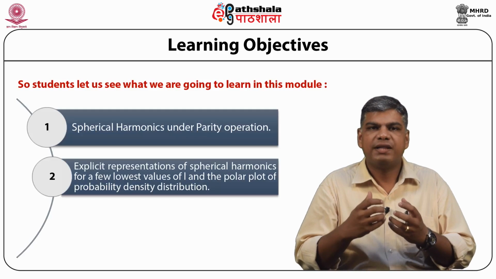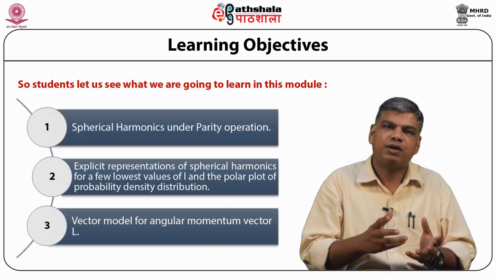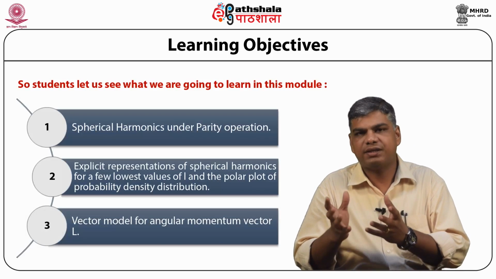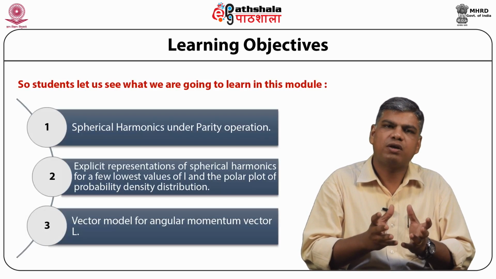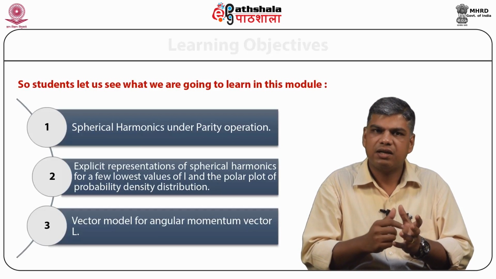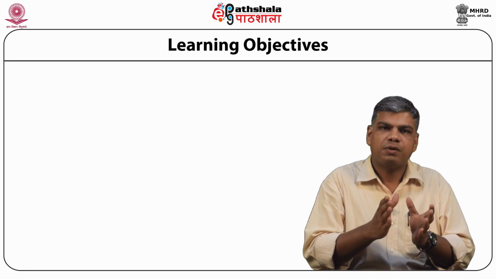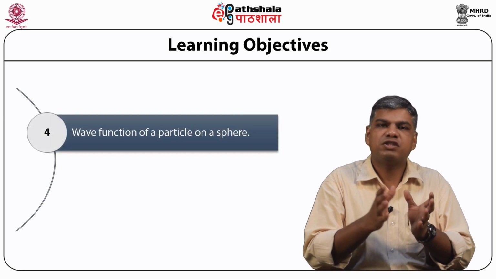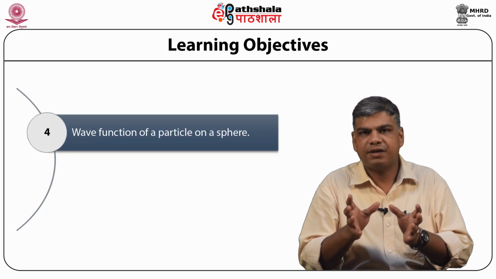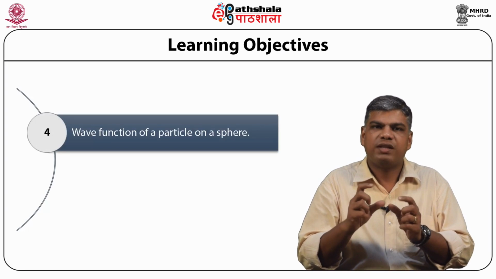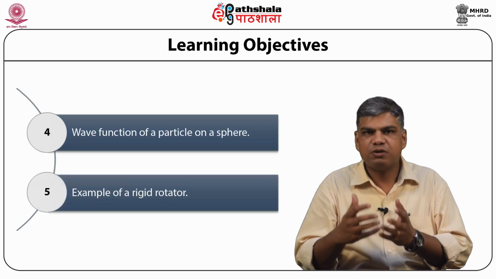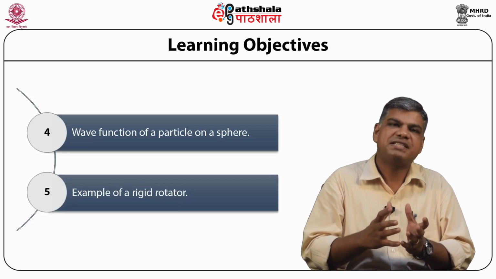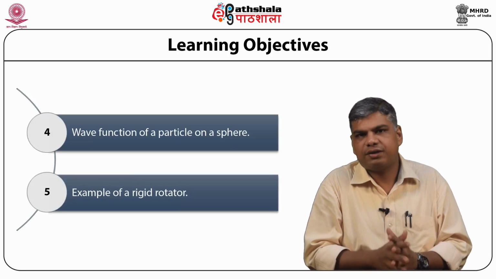From there, we'll move on to the vector model for angular momentum vector L. Having understood that, we'll try to find the wave functions of a particle on a sphere, that is, when the particle is constrained to move on a sphere. And as an example to this problem, we'll study the rigid rotator.